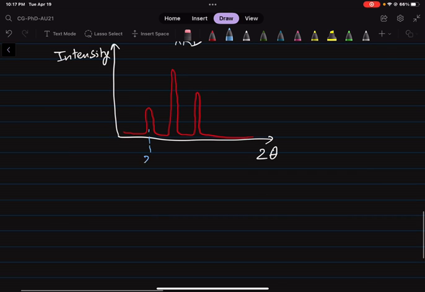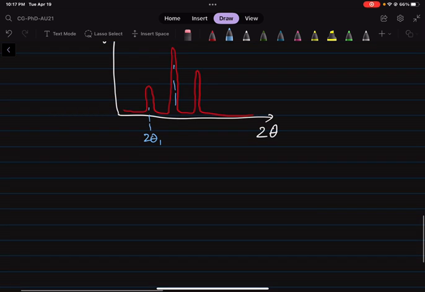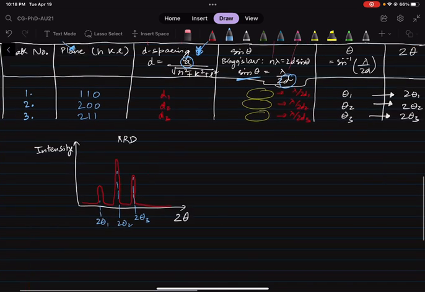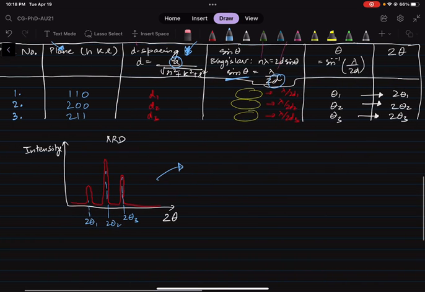And again, this position will be 2 theta 1. This will be 2 theta 2. And this will be 2 theta 3. And this is how you can calculate the peak location.